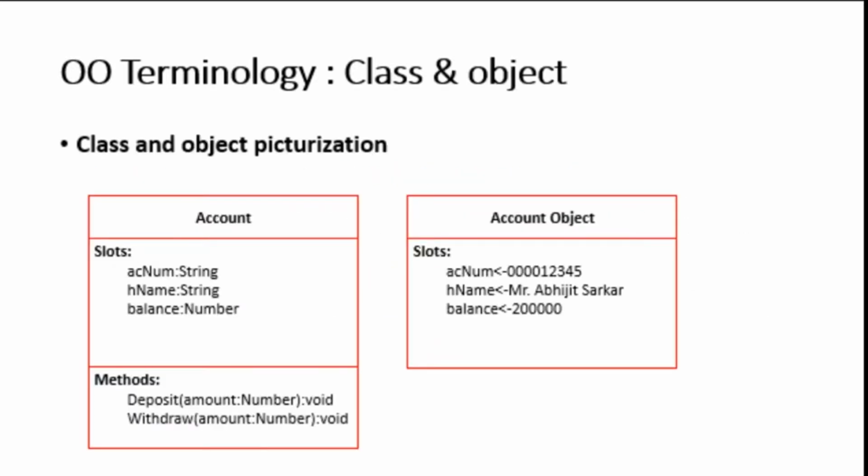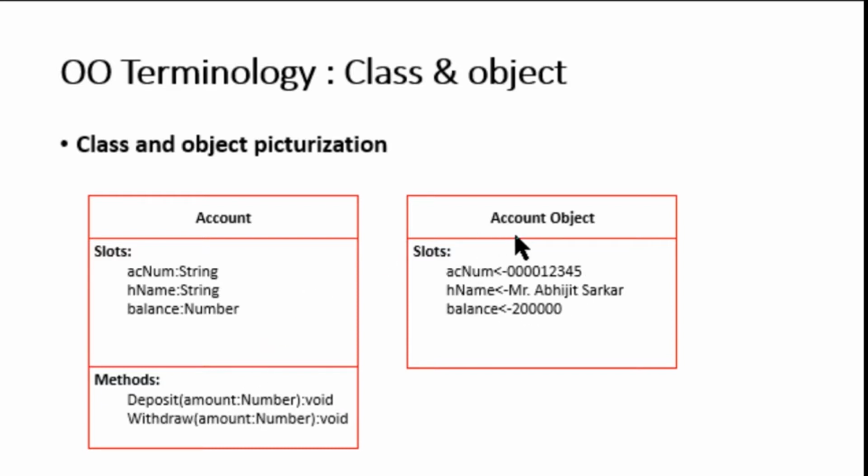Well, here is a picturization of class and object. Left-hand side is a class. It has got fields or slots, which are variables with their type information, and methods, which are functions with return types and parameters.